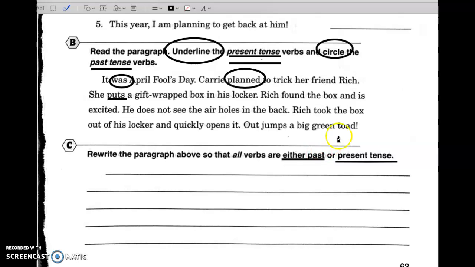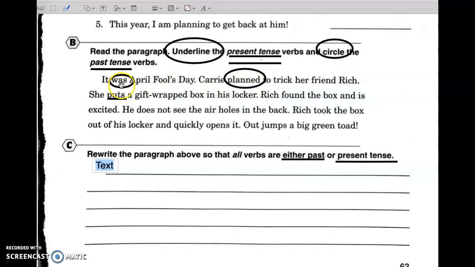If you choose to write it all in past tense, make sure you write it all in past tense. If you decide to write it in present tense, make sure you write it all in present tense. For example, let's write it in present tense. If I'm writing it in present tense, everything needs to be in present tense.